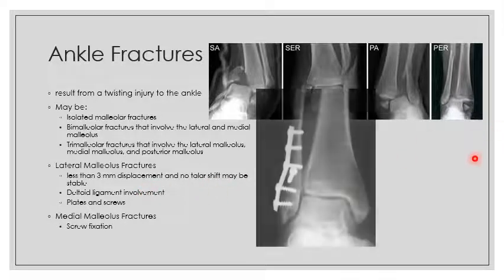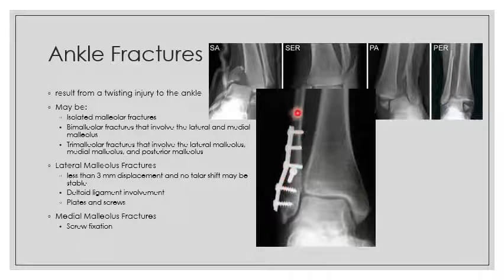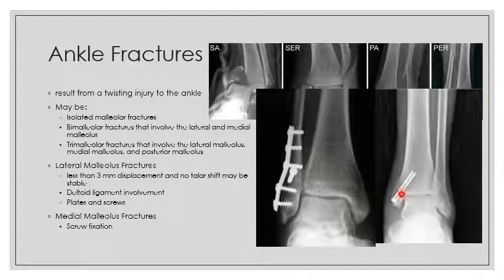We usually fix this with a plate and screws, so the fracture is around this area. Medial malleolus fracture, if it occurs isolated, could be treated with a cast, but usually if you need to fix it, it's just a screw fixation.